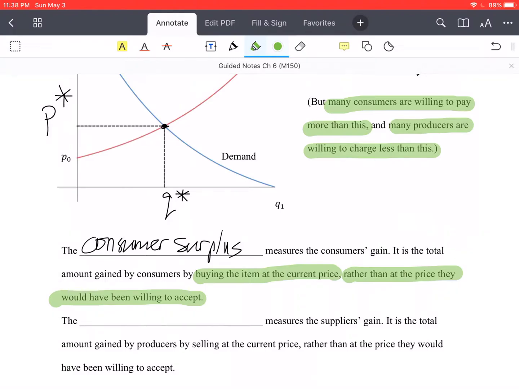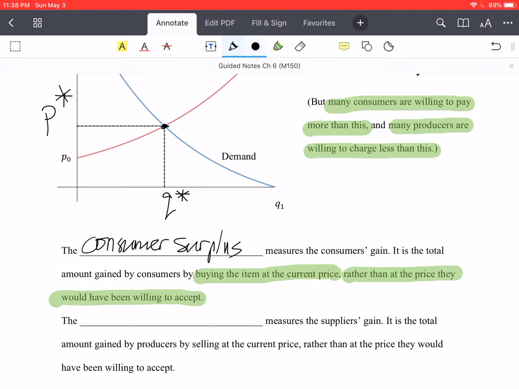And so I say, okay, I'm going to pay that $1. I really wanted a candy bar. I would have been willing to pay up to $2 for this candy bar. Well, by that logic, I was willing to pay $2, but I only had to pay $1. So I actually saved myself $1, okay, by not having to pay that higher price. So that is my consumer surplus, maybe that $1 extra. If you take all of those amounts from everybody, then add all those up, that is the consumer surplus.